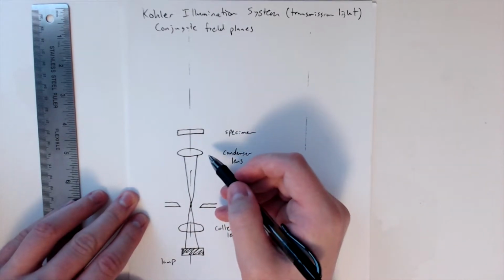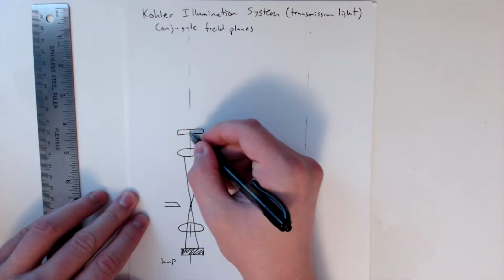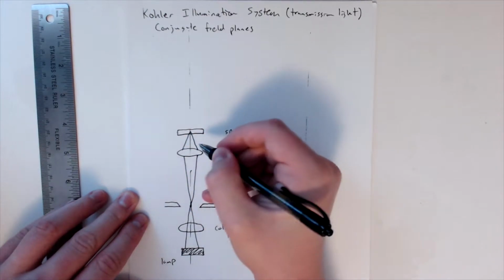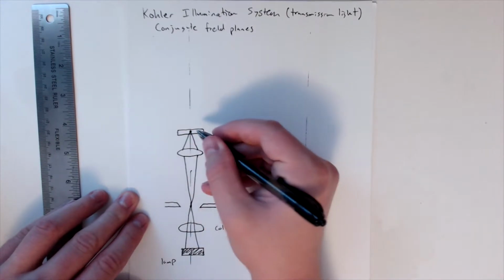The job of the condenser lens is to focus that light onto a point in the specimen.